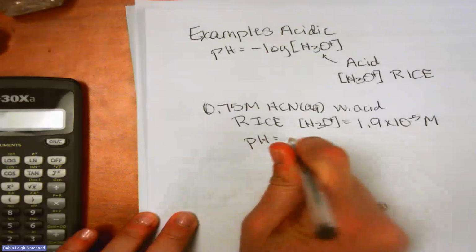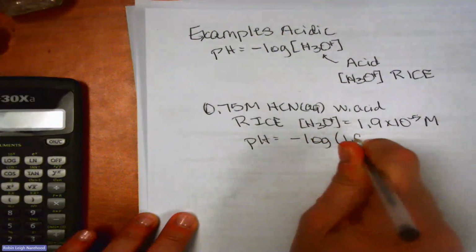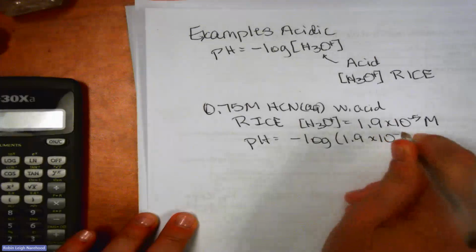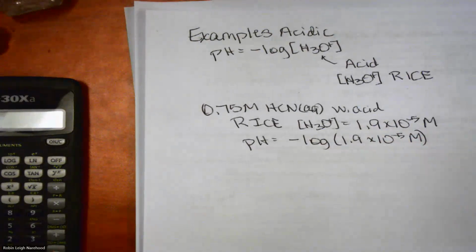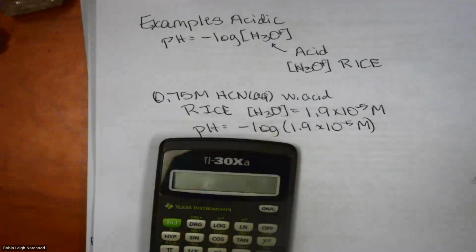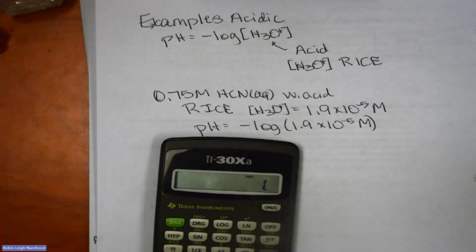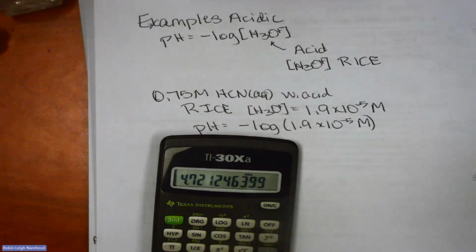pH equals negative log of 1.9 times 10 to the negative 5 molar. So my calculator, I have to type the number in first, then I have to hit the log, then I have to hit the negative 5.